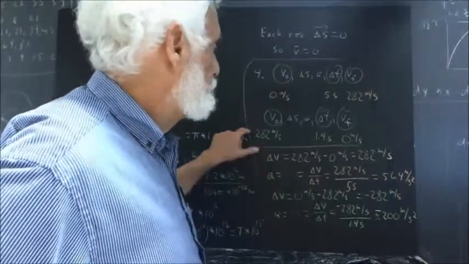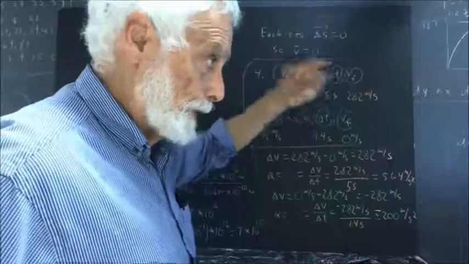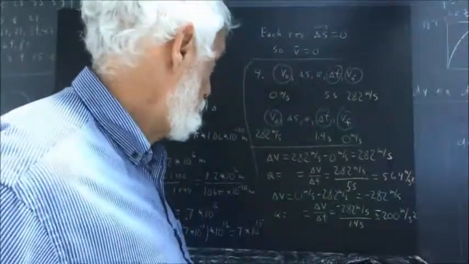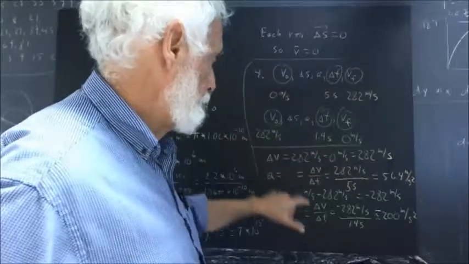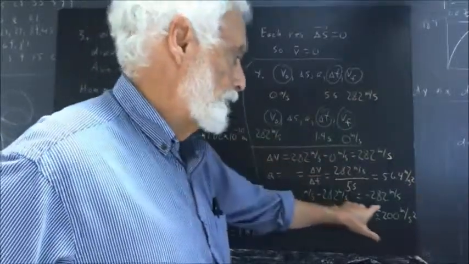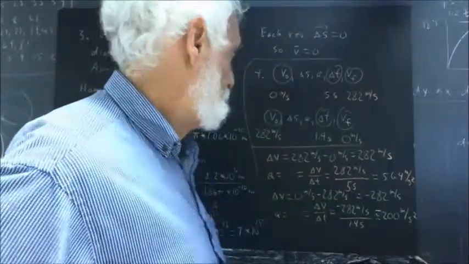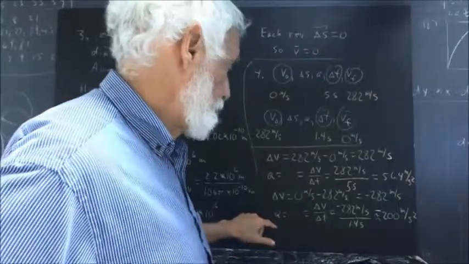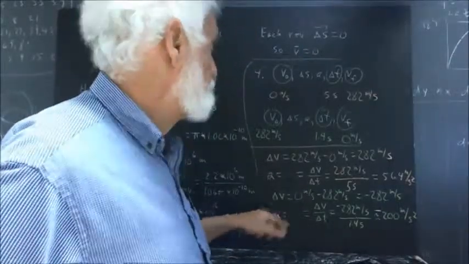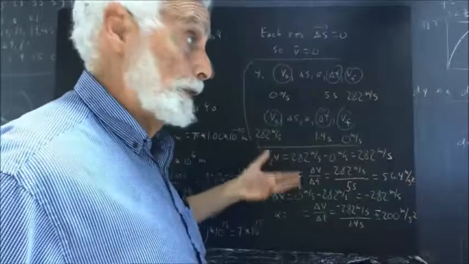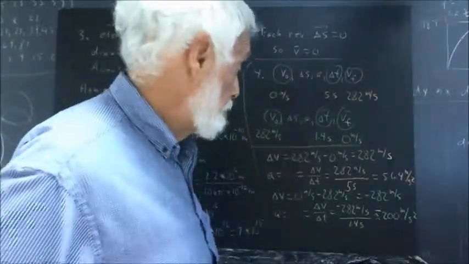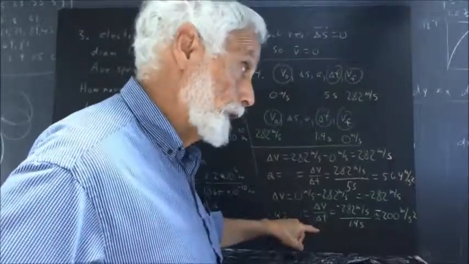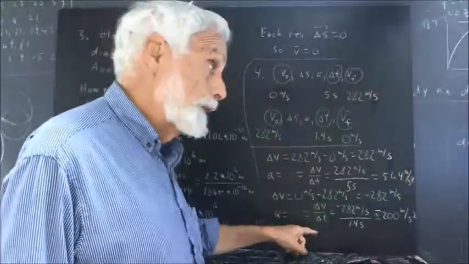So for what the author wants to call the deceleration phase of the motion, the change in velocity is final velocity minus initial velocity, which comes out to negative 282 meters per second. The acceleration is then, again, reason it out, average rate of change of velocity with respect to clock time: change of velocity divided by change of clock time, delta V over delta T. This isn't the definition.